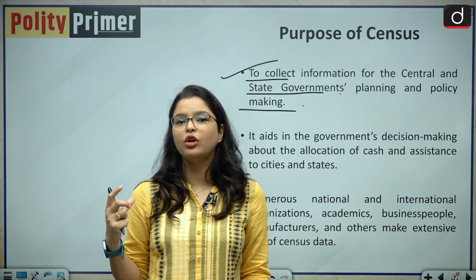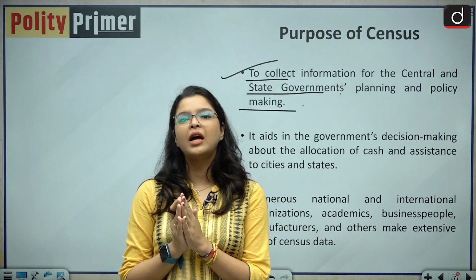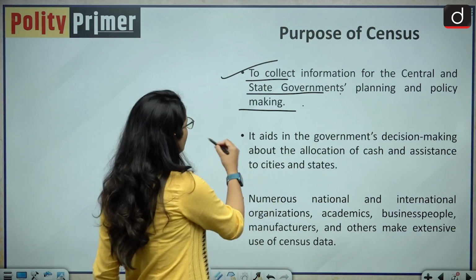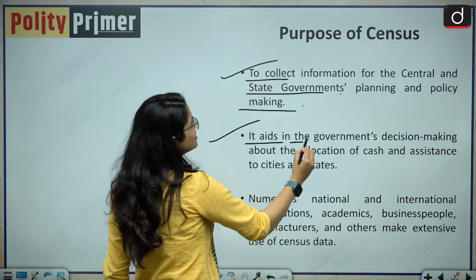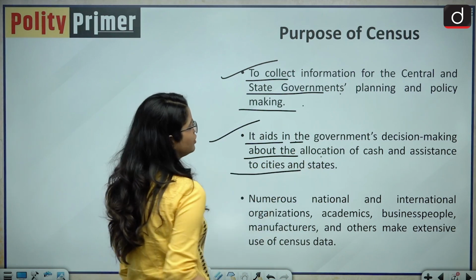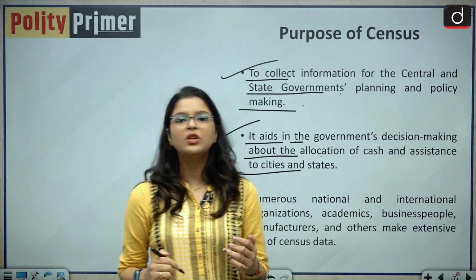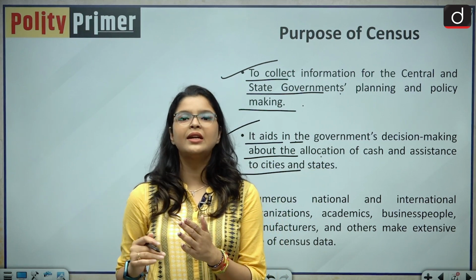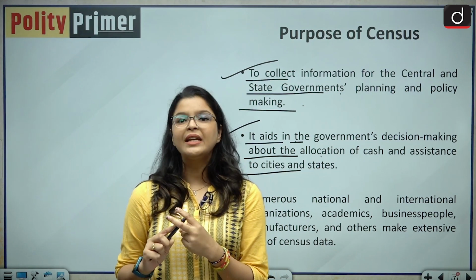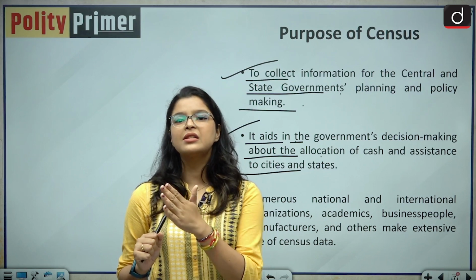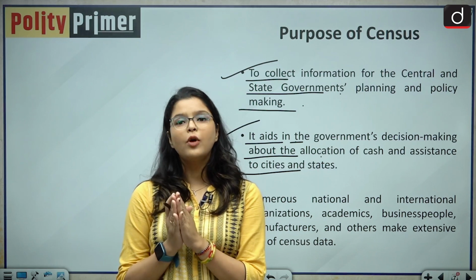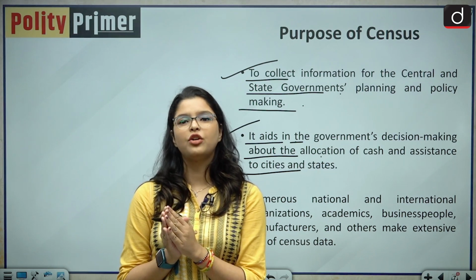The data shows all of it, and hence we can modify our policies based on the data collected by the census. The second purpose is that it aids the government's decision making about the allocation of cash and assistance to cities and states. The government will also figure out from this data which states are lagging behind, and in which states or cities financial assistance is required, and these policies also depend upon the conduct of a census.